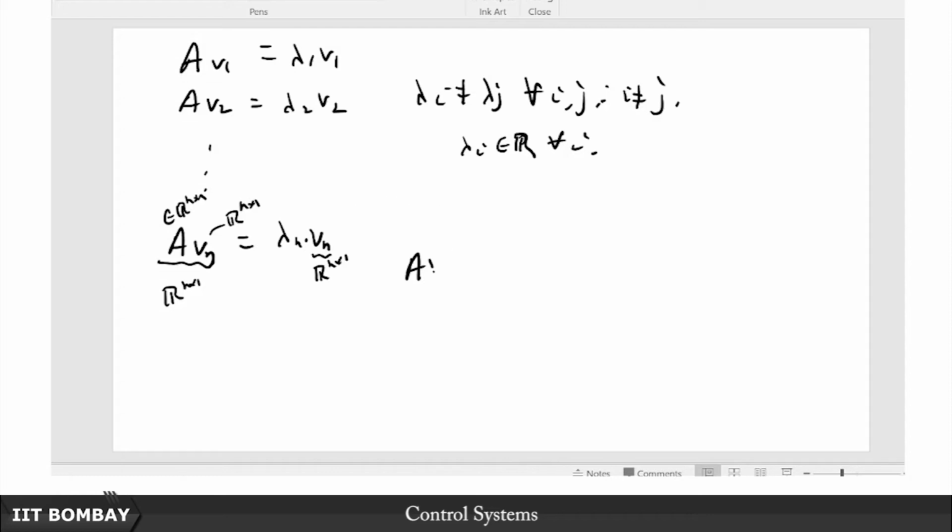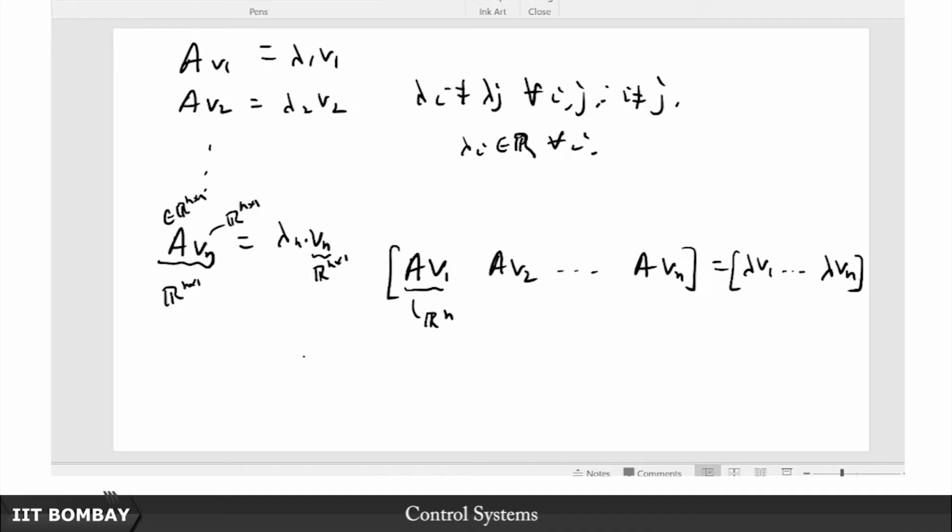So what we can do is we can write them as columns of a matrix. Yeah, this is basically coming from Rn, right, because the net product n cross n times n cross 1 is n cross 1. So then this is AV2, and we have likewise AVn. This is going to be nothing but lambda V1 dot dot dot till lambda Vn, right.